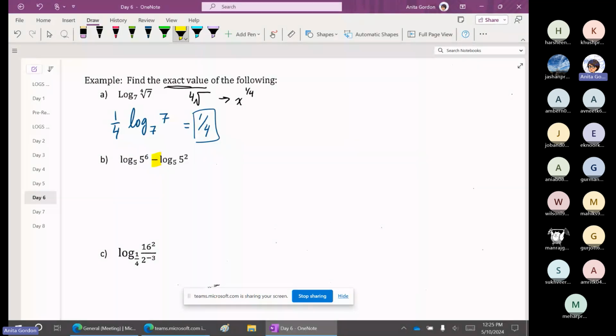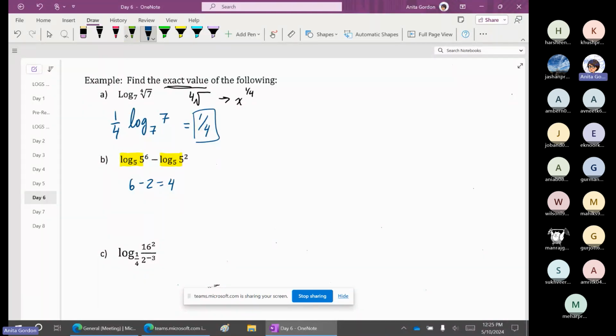Oh, snap. Wait, no, I didn't. Oh my gosh. I heard whisperings, and usually when there's whispers in the corner, that means Miss Gordon did something wrong. Oh my gosh. Okay. Oh, I'm right, which means you are also right. Log base 5 of 5 is 1. Exponents are the coefficients, so we just end up with 6 minus 2, which is 4.